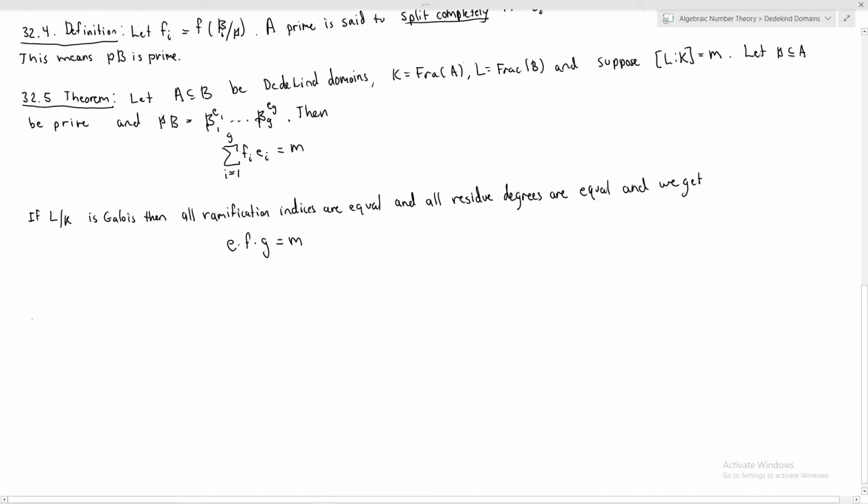Okay, so, proposition 32.6. We're going to let A, B, L, and K be as above, and we're going to assume also that L over K is Galois.